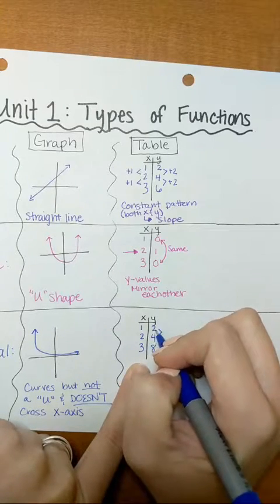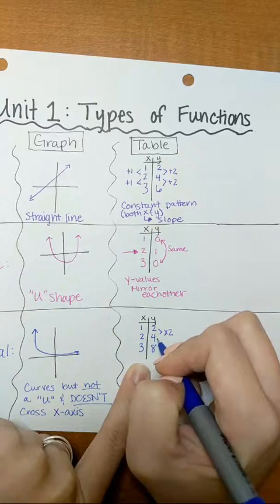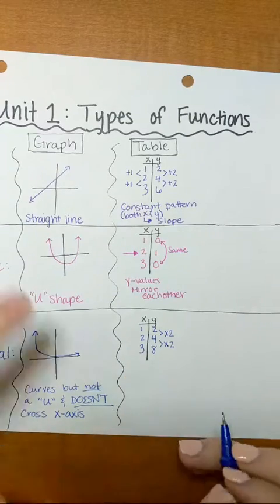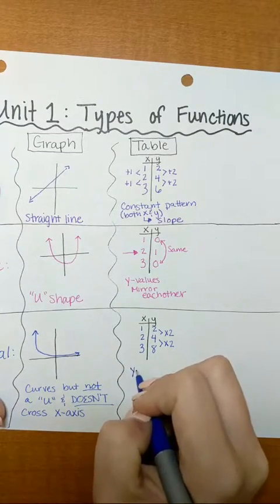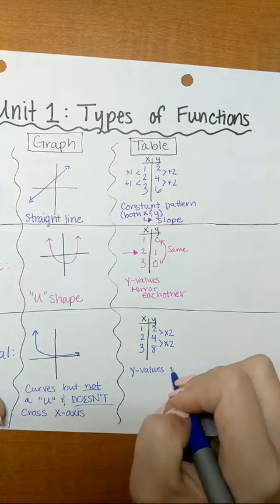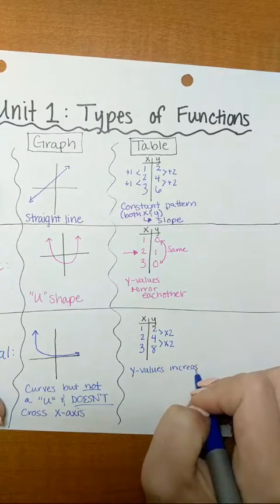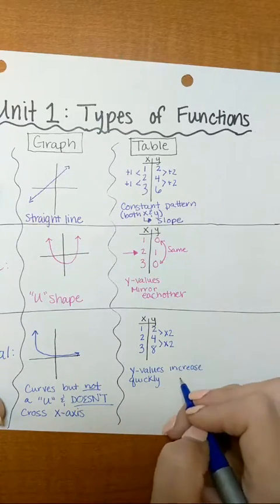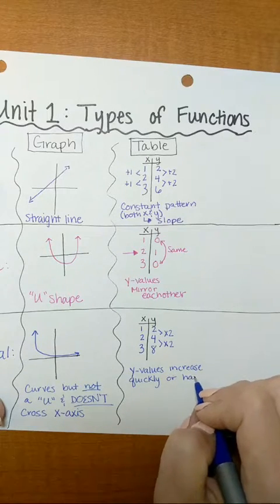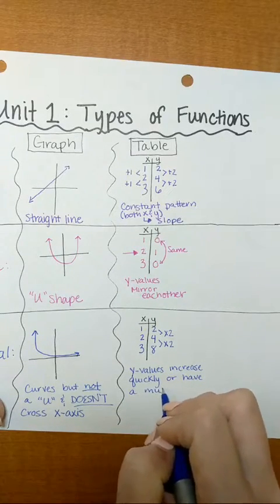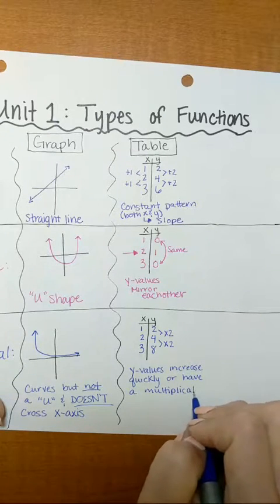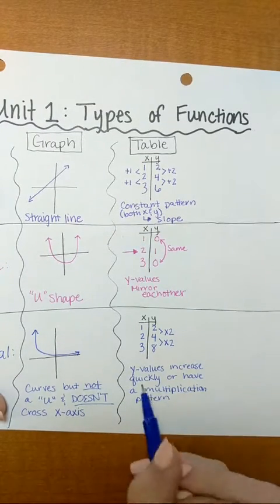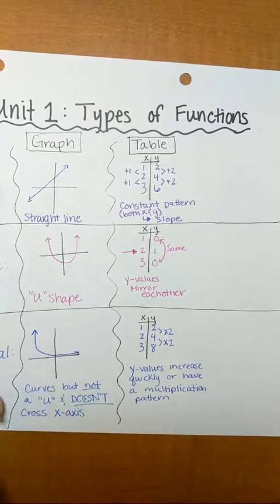So as you see here, 2 times 2 is 4, and 4 times 2 is 8. So y values increase quickly or have a multiplication pattern.